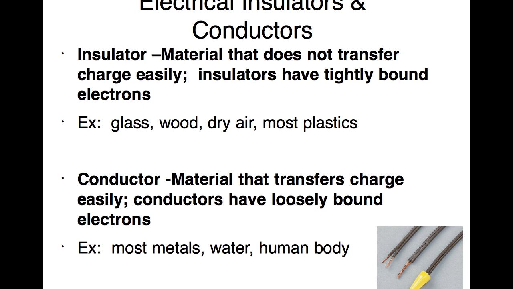But on the opposite side, if the highway is empty, it would be like a conductor, where you can just keep on going without having to stop because of traffic. So think of conductors and insulators as traffic. If it's really bad where you have to stop, it's an insulator. If it's a conductor, there are no cars on the road.